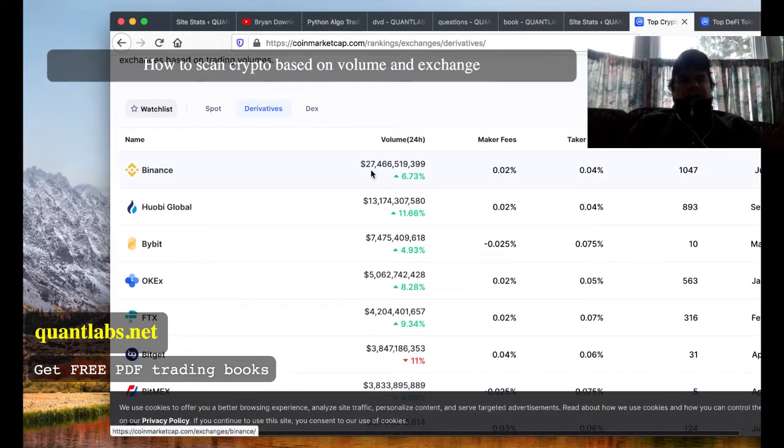We have now gone from 13 billion to 27.4 billion. It's more than doubled, and the reason is exactly what I state: you get more data to work with, and I do believe that there's more institutional volume being pumped through here.